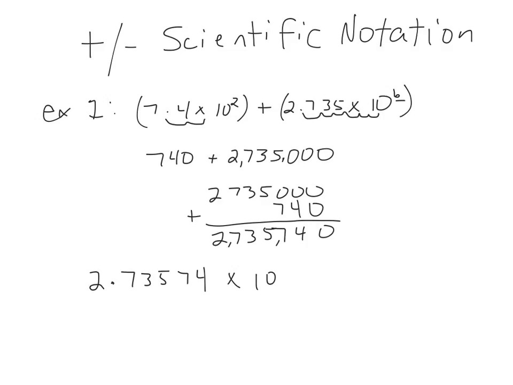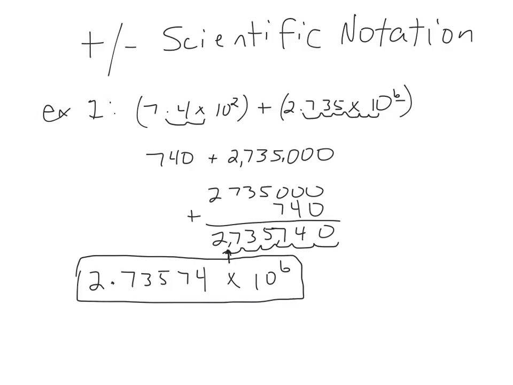And then times 10 to what power? Well, we put our decimal in that spot, and it is 1, 2, 3, 4, 5, 6 spots to the end, so times 10 to the sixth. Okay?